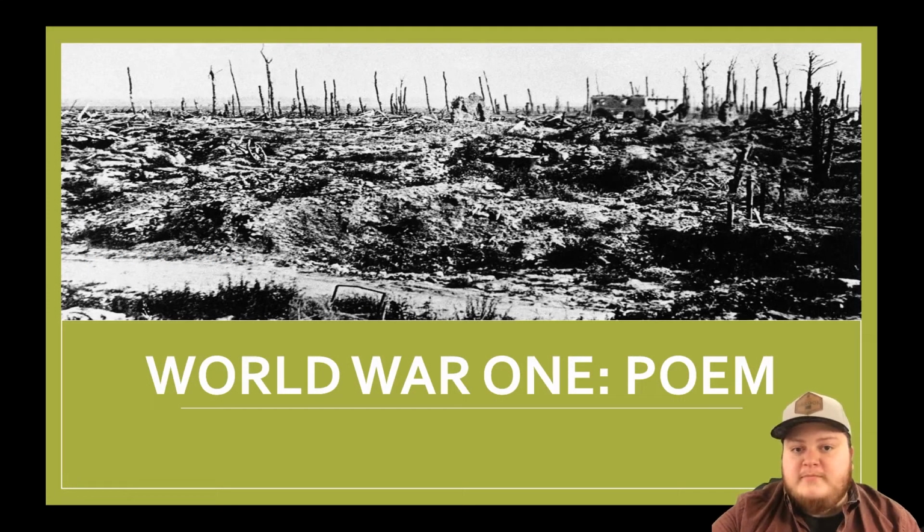When you look at the poem, please look at World War I as your lens for when this poem was written. It was written in 1918. World War I ended in 1918.